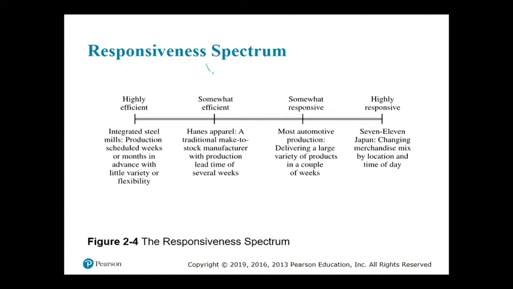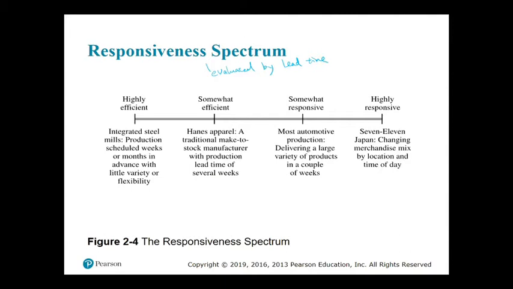So lead time is basically the time between the customer placing an order and the time the customer actually receives the order. Right, so the shorter this lead time, the more responsive the supply chain is.